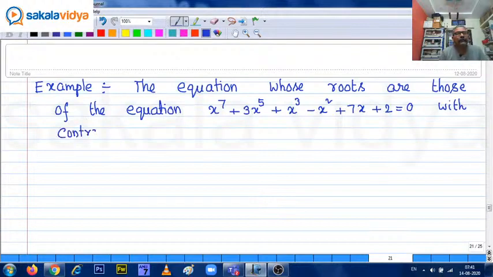With contrary signs is, this is the question. That means let us see the solution.